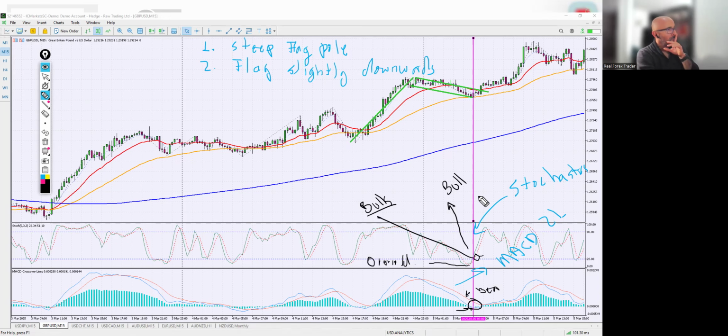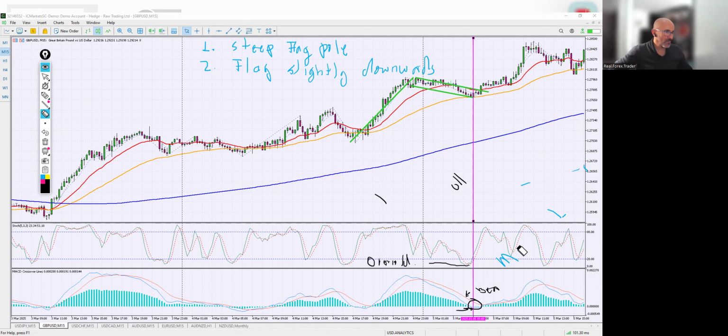So this is the moment that I make the decision on how to trade it. The right way to do this, once I have detected everything here, is to determine my entry point.